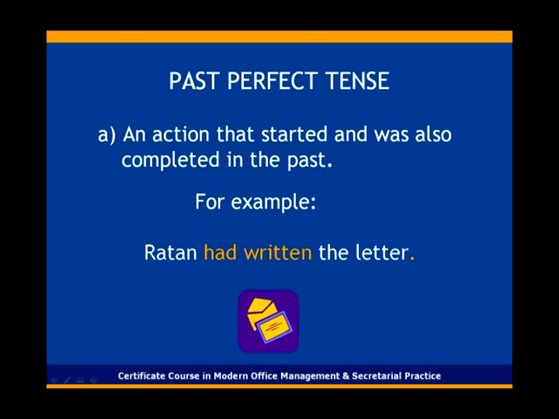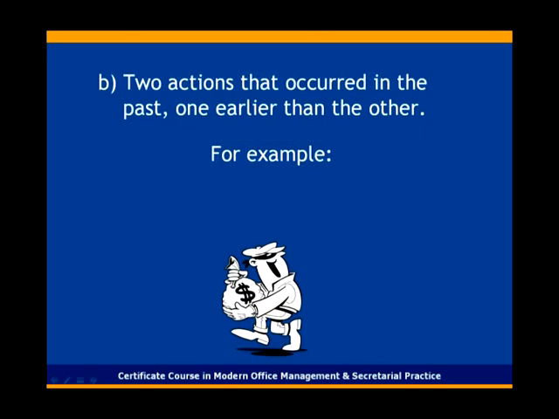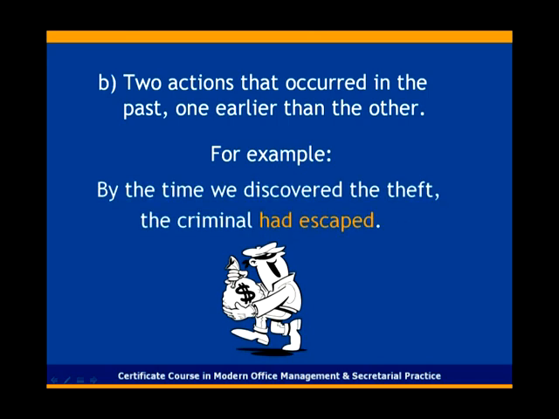It also relates to two actions that occurred in the past. In that case, the one will be earlier than the other. For example, By the time we discovered the theft, the criminal had escaped.